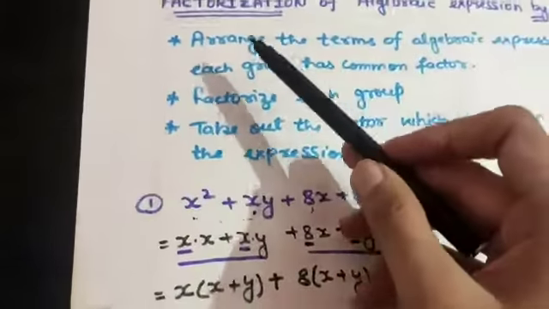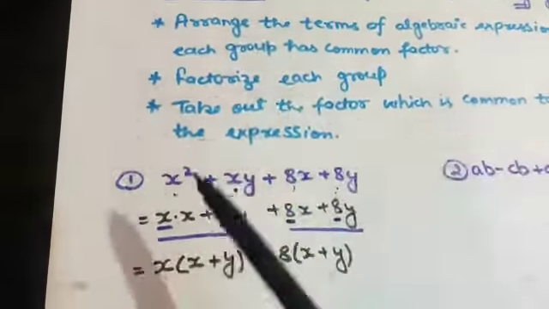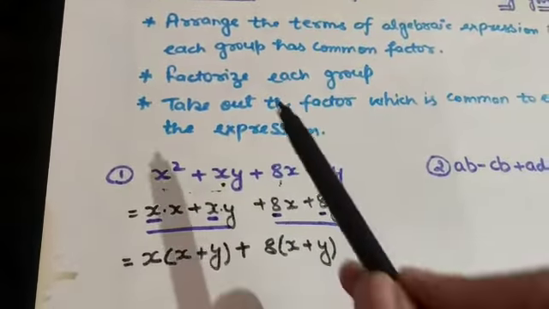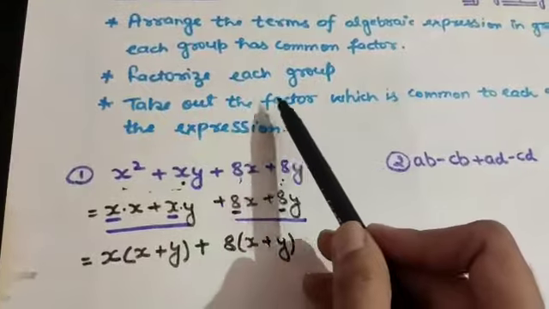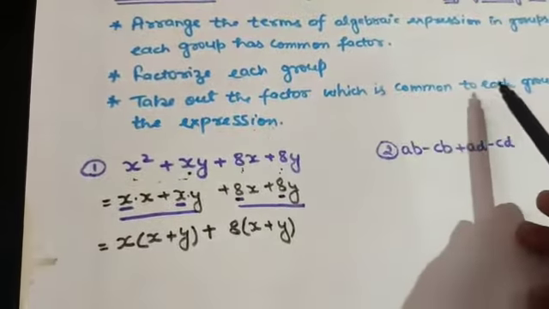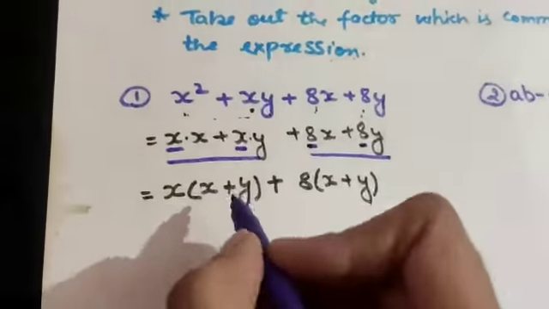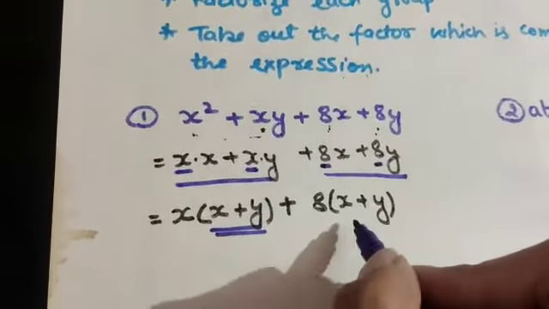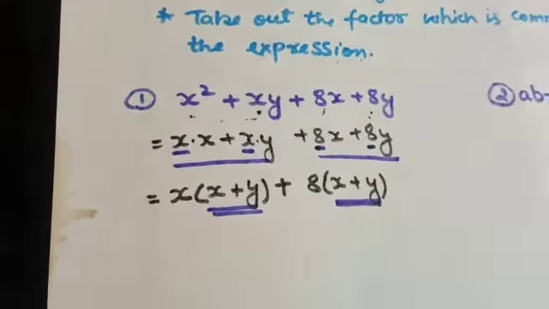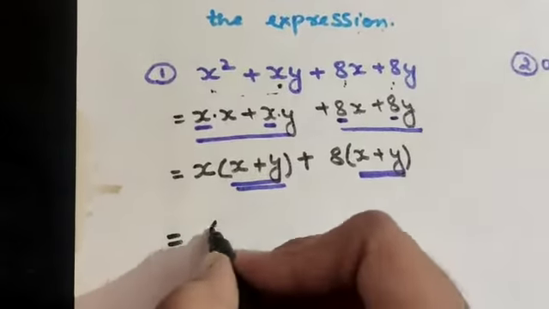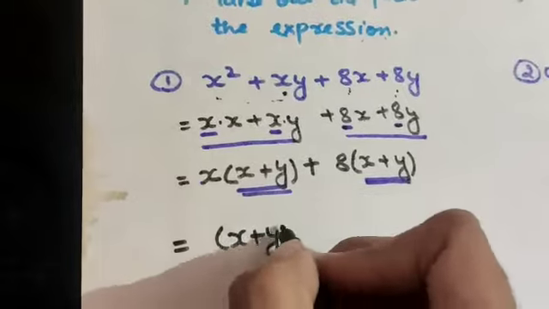So we have arranged the terms, made the groups, and factorized each group. Now the third step: take out the factor which is common to each group. The factor common to each group is x plus y. So take out x plus y as common.